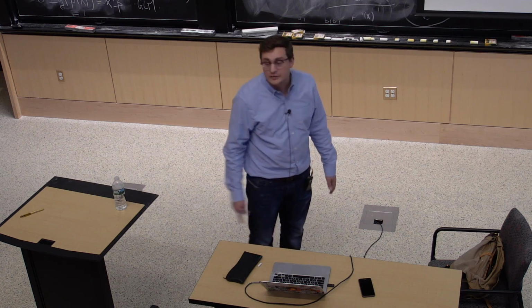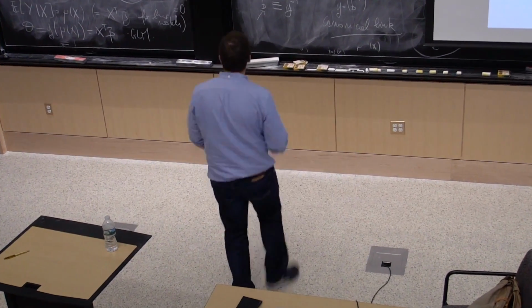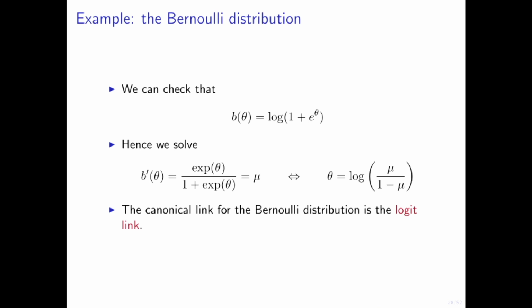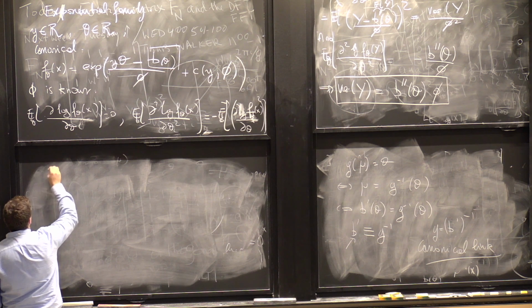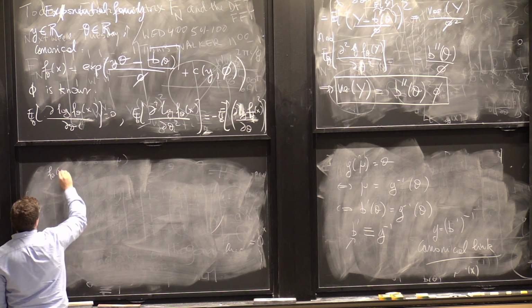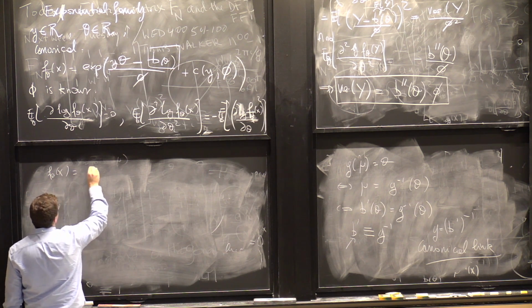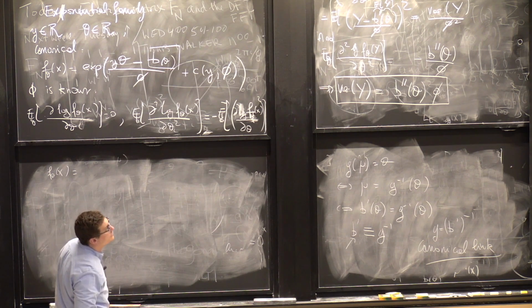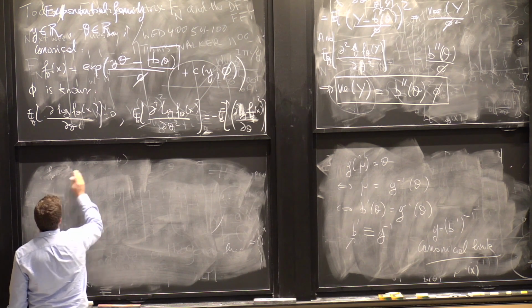So before we go there, let's just compute the canonical link for the Bernoulli distribution. All right, so remember the Bernoulli distribution has a PMF, which is part of the canonical exponential family. So the PMF of the Bernoulli, f theta of y, let me just write it like this.